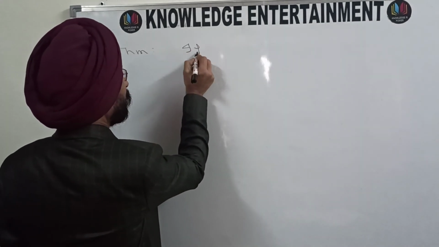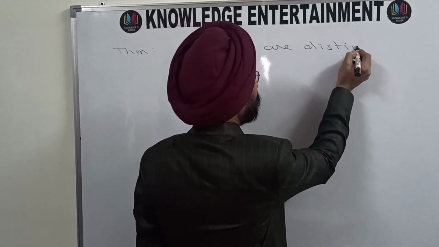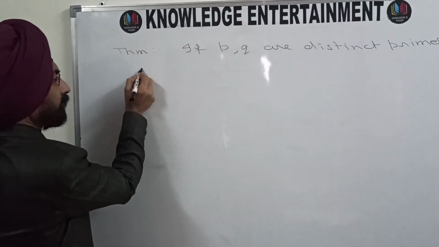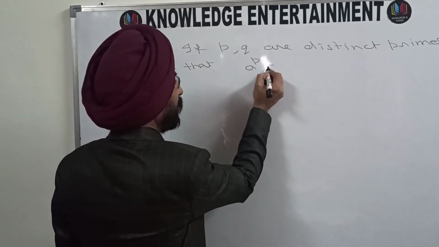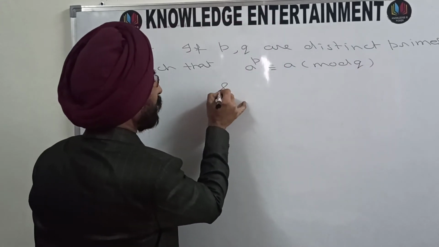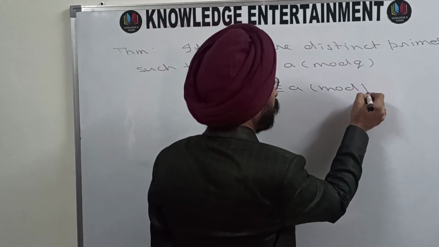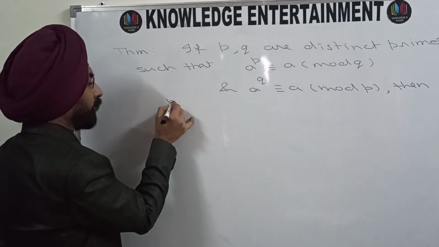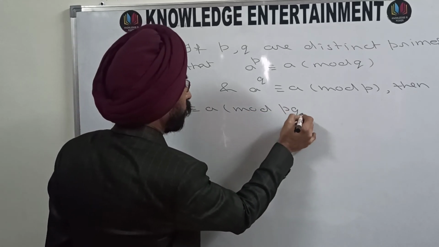If P, Q are distinct primes such that A raised to the power P is congruent to A modulo Q and A raised to the power Q is congruent to A modulo P, then A raised to the power PQ is congruent to A modulo PQ.